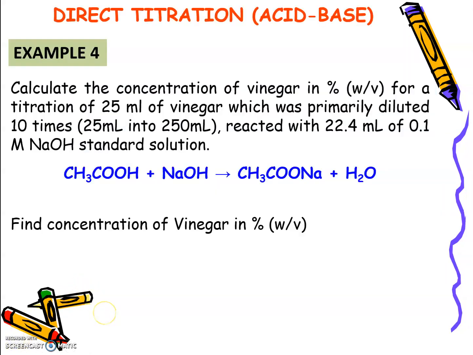Okay, next example. Calculate the concentration of vinegar in percentage weight per volume for a titration of 25 ml vinegar, which was primarily diluted 10 times, 25 ml into 250 ml, reacted with 22.4 ml of 0.1 molar sodium hydroxide standard solution.